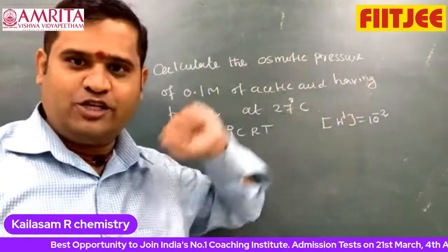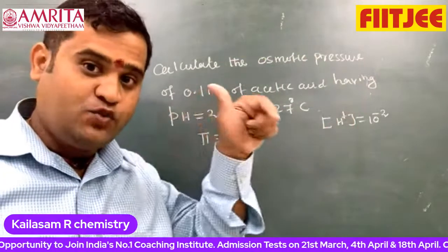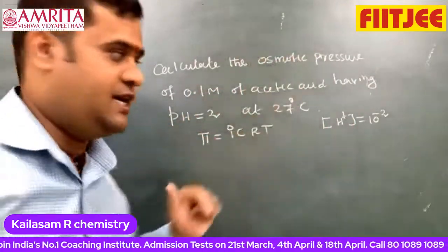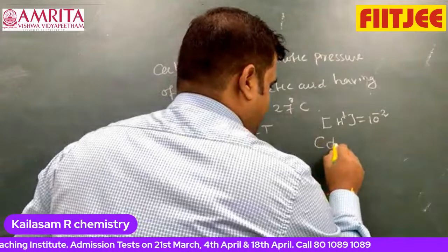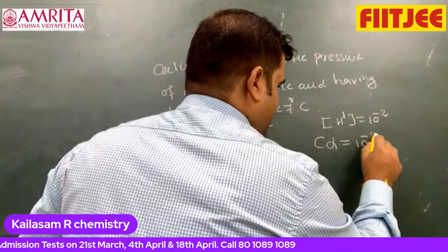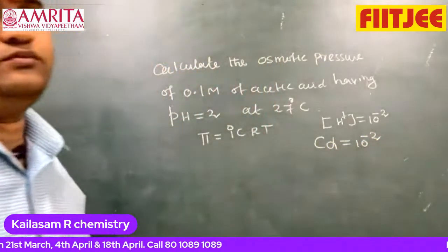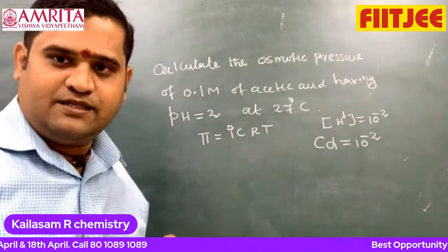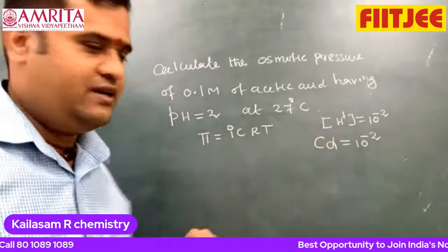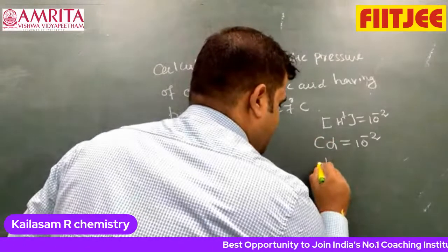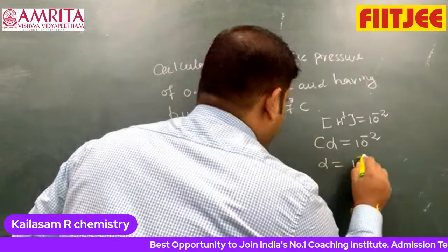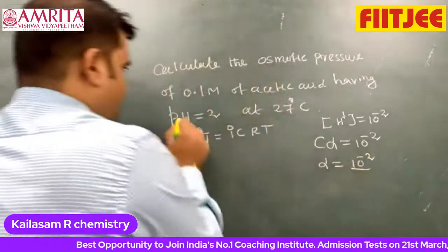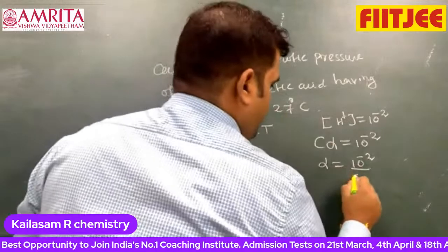H plus is 10 power minus 2. As per Ostwald dilution law, which we discussed in the last class, C alpha is equal to 10 power minus 2. Now, what is alpha? Alpha is nothing but 10 power minus 2 by C, which is given as 0.1.